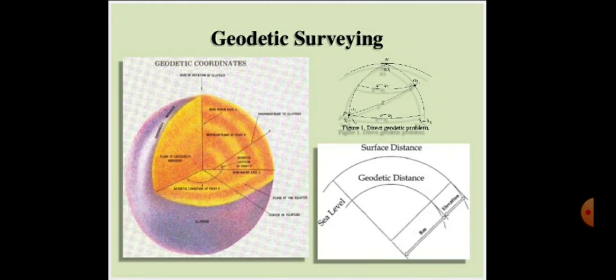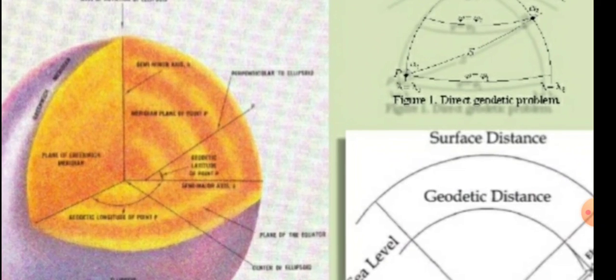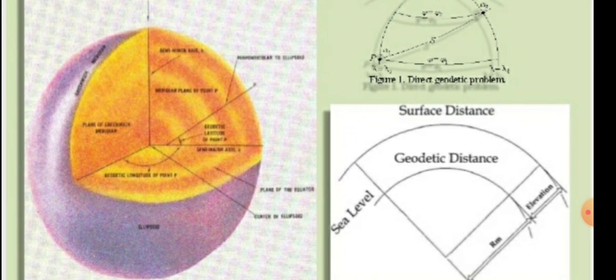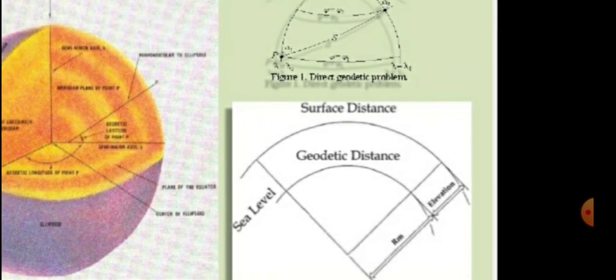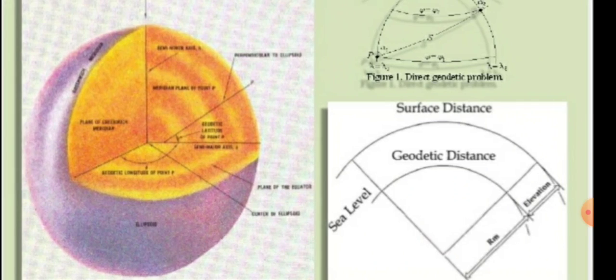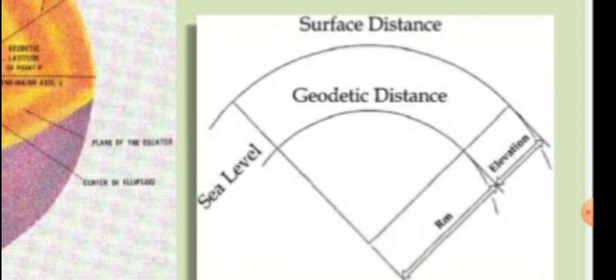This is the diagram of the geodetic surveying, in which geodetic coordinates are considered. As you can see, the surface of the earth is in a spherical shape. These are the 2 points you can see between sea level and elevation.